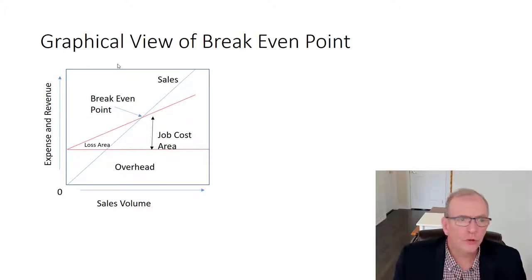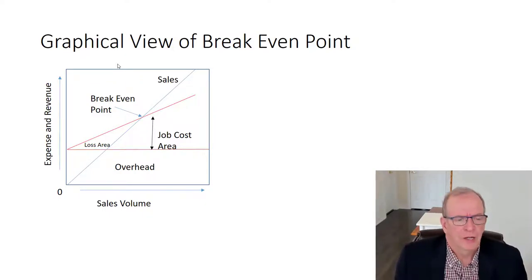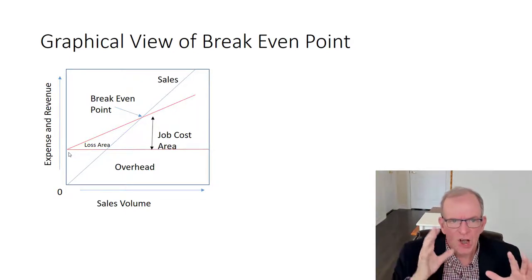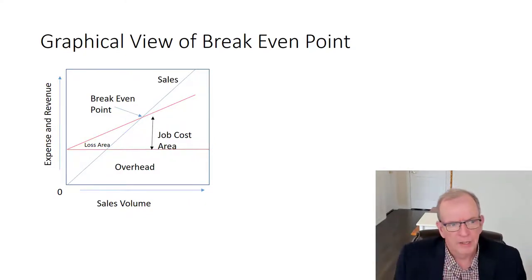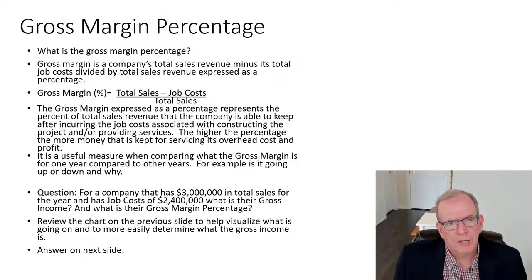So a graphical view of the break-even point, what is it saying? I don't understand. Well, what it's saying is typically your overhead is going to be, and these things you have to kind of visualize, and they're not like hard stone. Like I'll try to sort of give you a little bit of variance in this, but our overhead, if we've sort of gone ahead with our income statement and we go back to that, I don't think I had it up here.